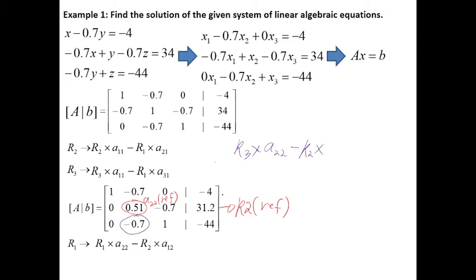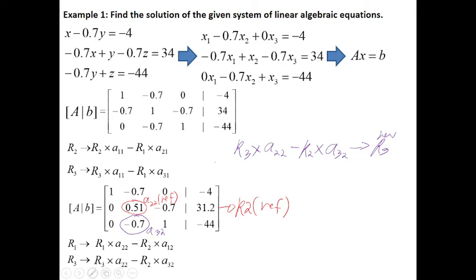No? Which is A32. Okay. A32. Tapos, magkakaroon ka ng mga bagong elements dun sa row 3. Okay? So, ito siya. R3 times A22, ayun, minus R2 times A32. Okay?